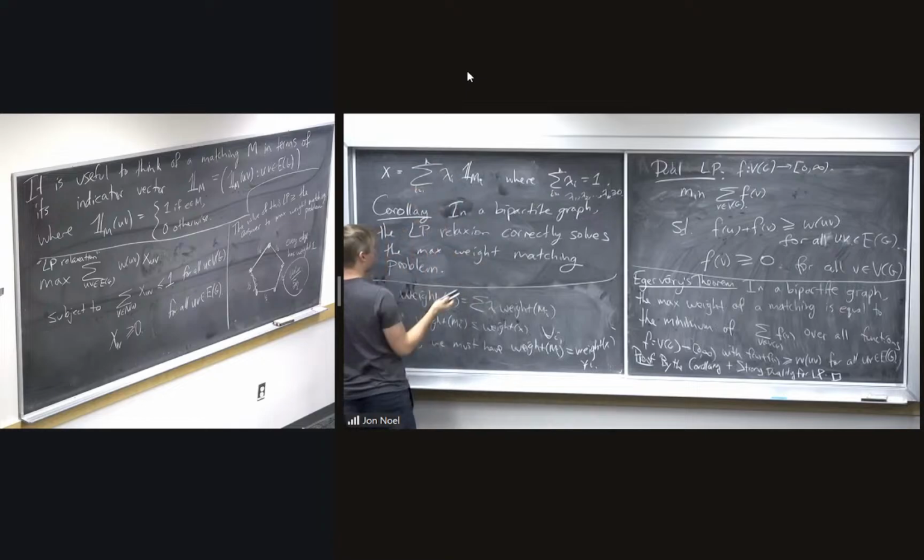But it's worth knowing that you can just write down the linear program. So if you have access to an LP solver or something, just write the linear program and send it off, right?